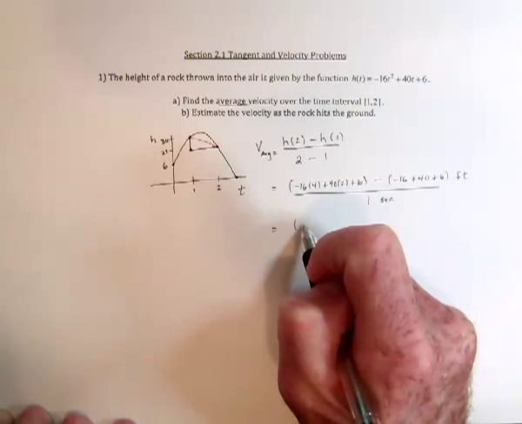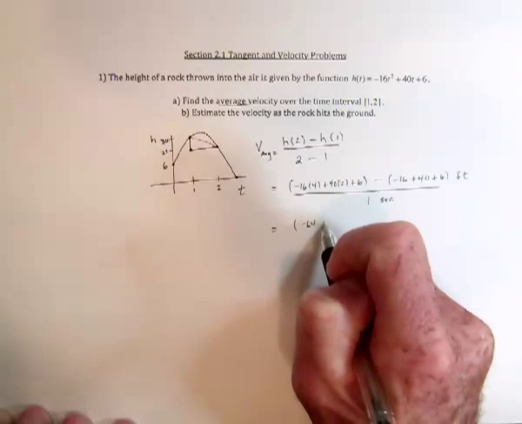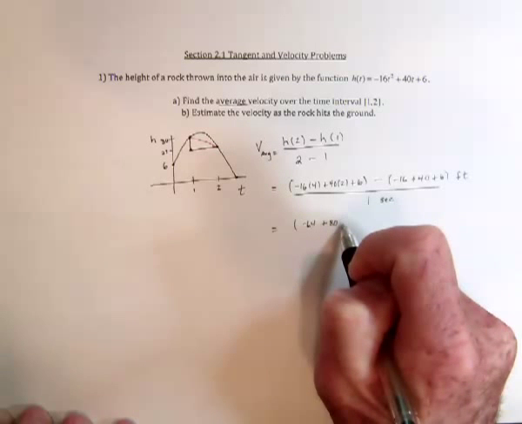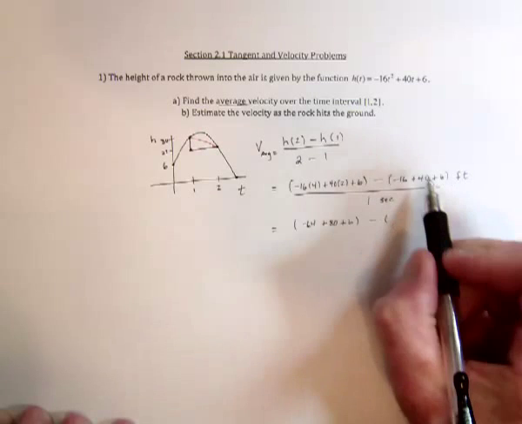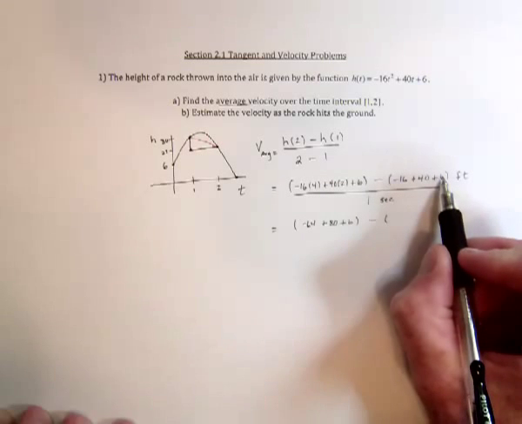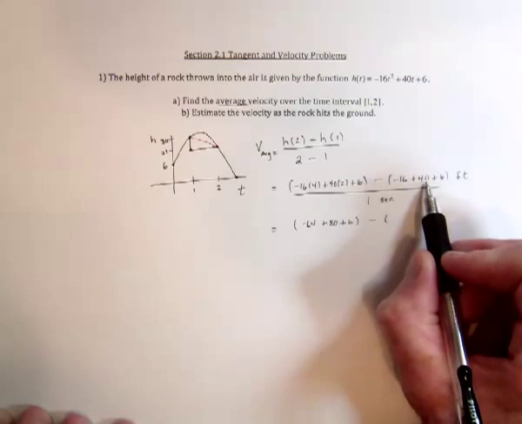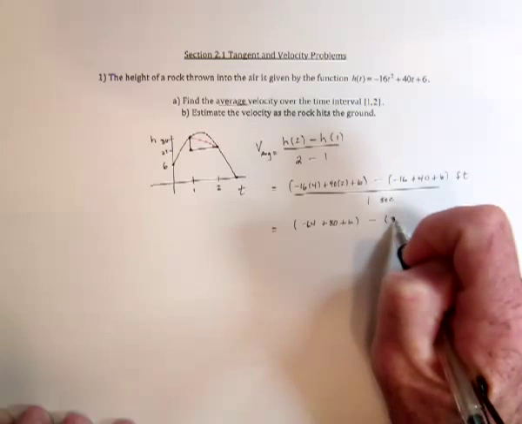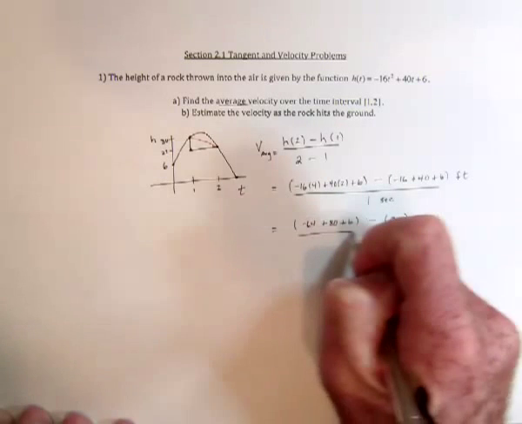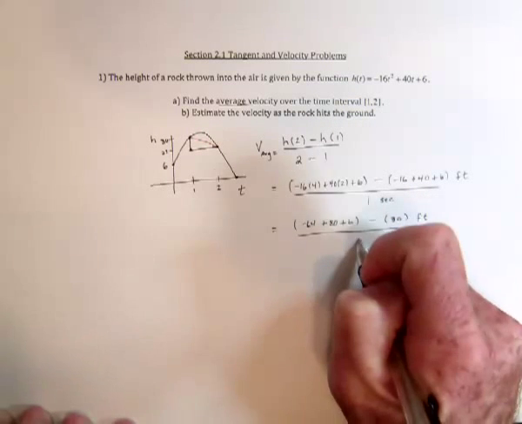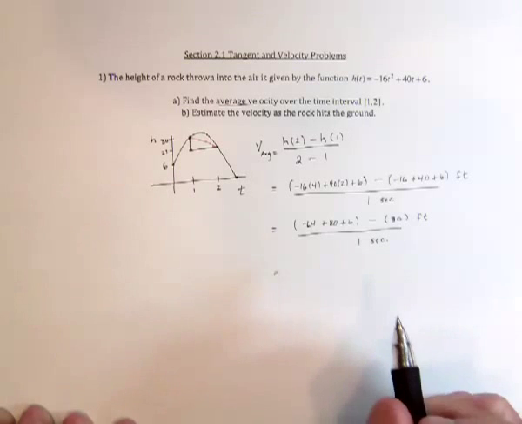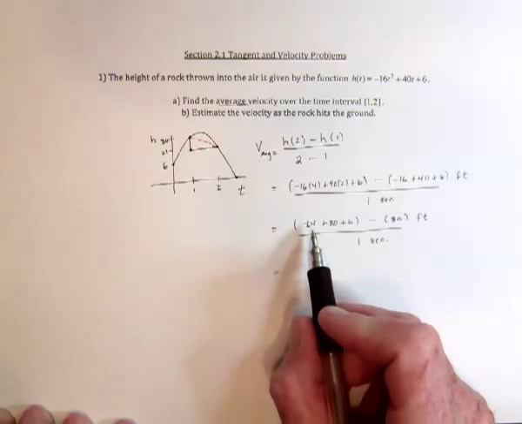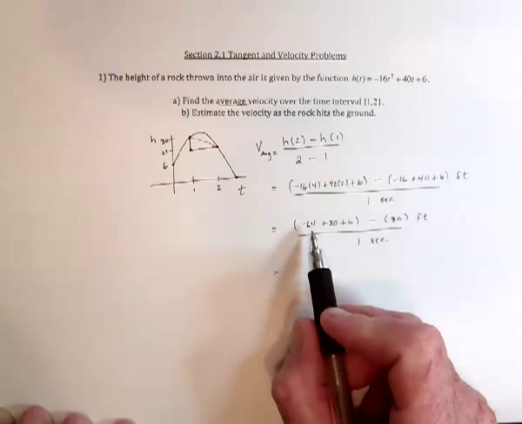So in here we've got negative 64, 80, and 6. And then let's see over here, if I combine this and this, it's going to be negative 10. So subtract, and that'll be 30. And then this should simplify to be a 22.